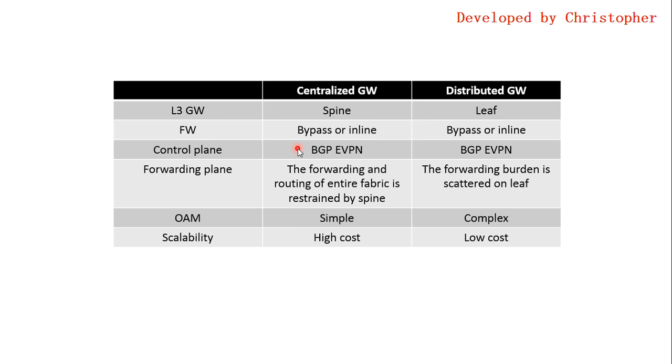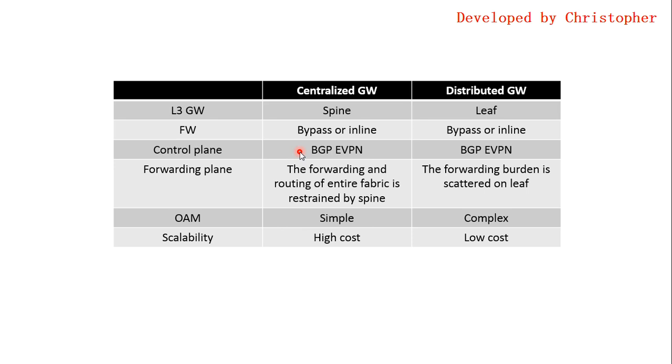The bypass is a good design because if you use inline, the scale of your fabric is restrained not only by your switch performance, but also by the firewall performance. The firewall tends to be the bottleneck for your entire switch because, as we all know, the firewall is not good at Layer 2 switching and Layer 3 routing.